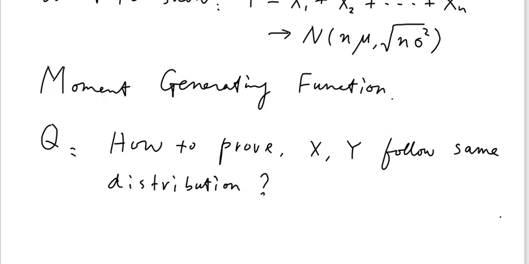So suppose we have two variables. How can you say the two variables follow the same distribution?